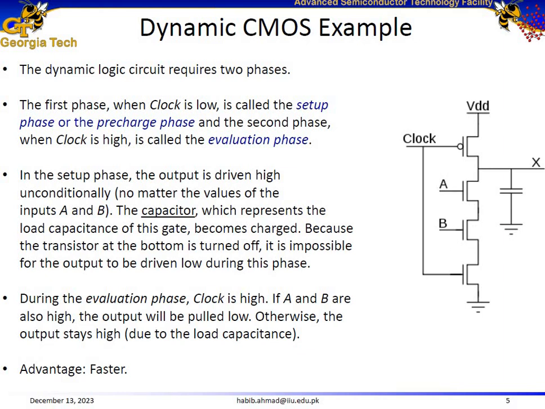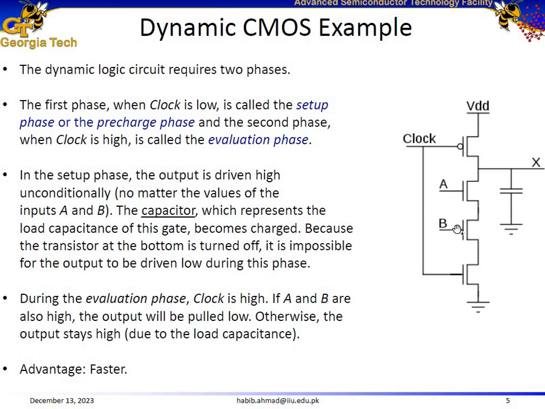This phase of the dynamic CMOS circuit is called the setup phase, or we can also call it the pre-charge phase. The second phase is called the evaluation phase, in which when we turn the clock high, this PMOS transistor now is open, and this NMOS transistor starts conducting.